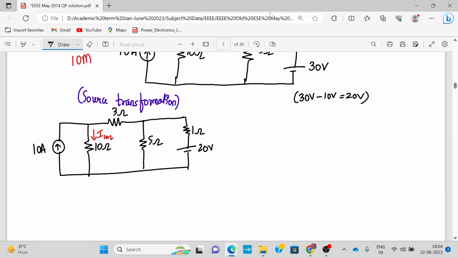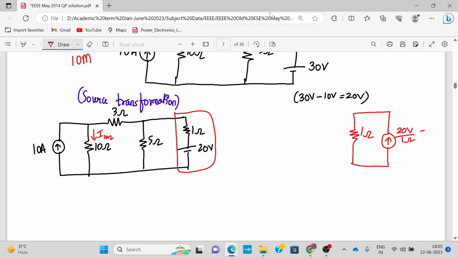Now we convert this voltage source and series resistance into a parallel current source. Alright, so let's do that. How much is the current source value? Anyone can tell me? 20 volt divided by 1 ohm, that is 20 amperes.